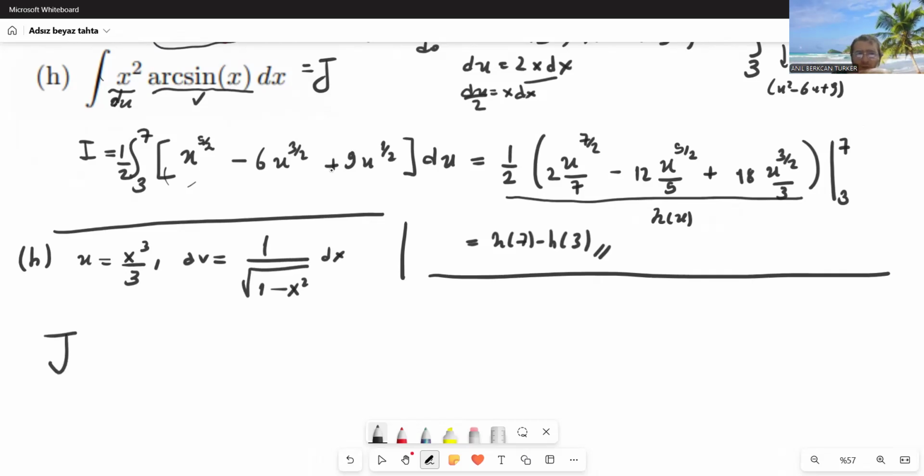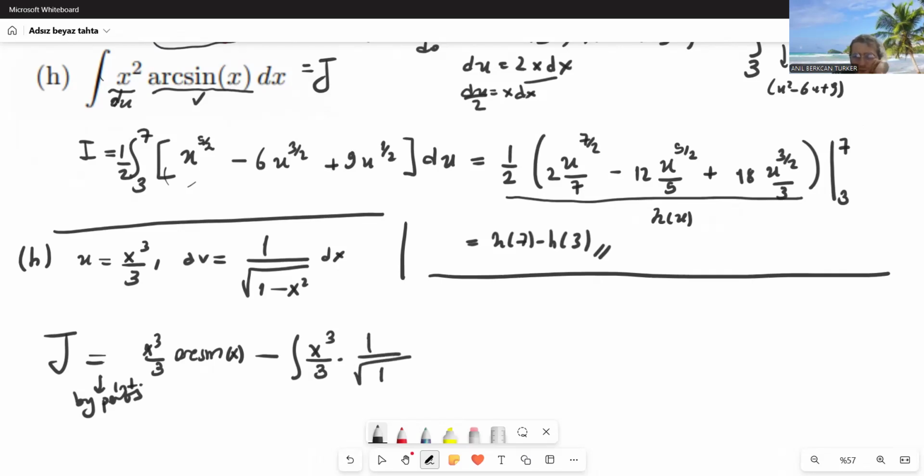So integration by parts is equal to x cubed over 3 times arcsin x minus the integral of x cubed over 3 times 1 over square root of 1 minus x squared dx. So let us simplify. Okay, this is finished. So I need to only calculate this integral.